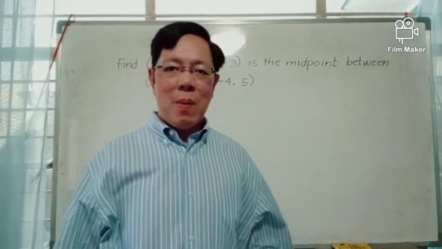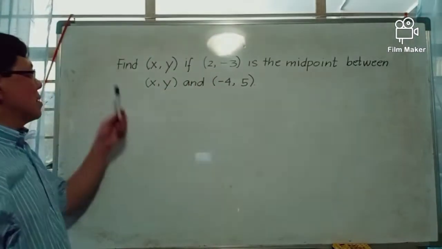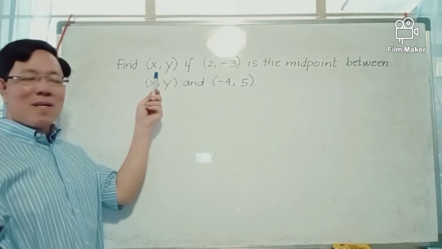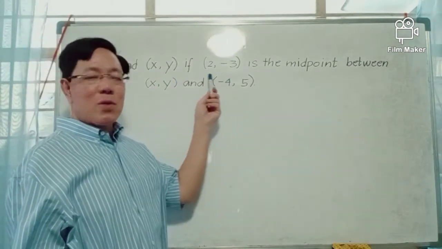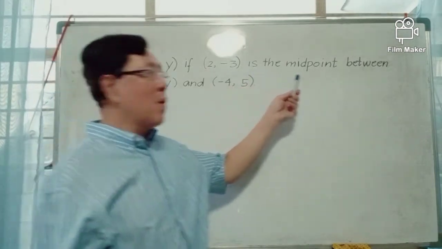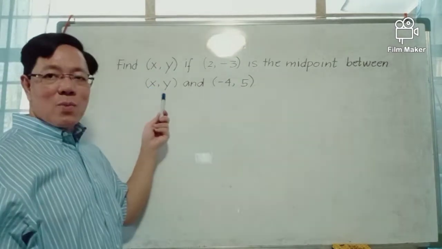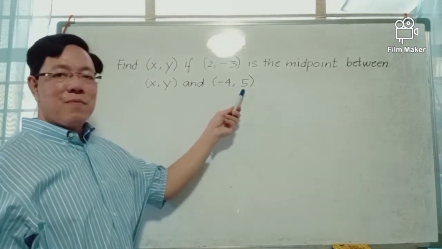Consider the following problem for our example 3. Find (x, y), find the point with coordinates x and y, if the point (2, -3) is the midpoint between (x, y) and (-4, 5).